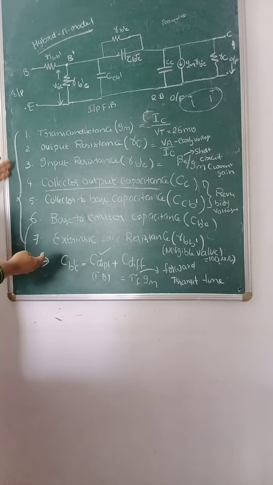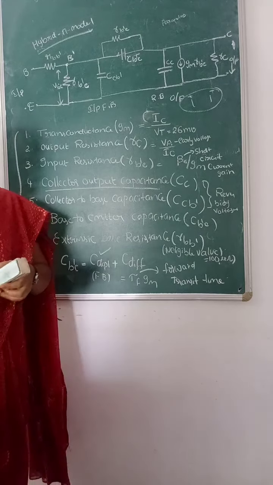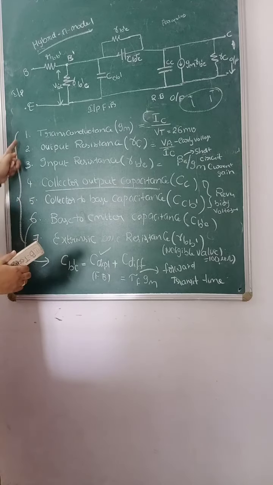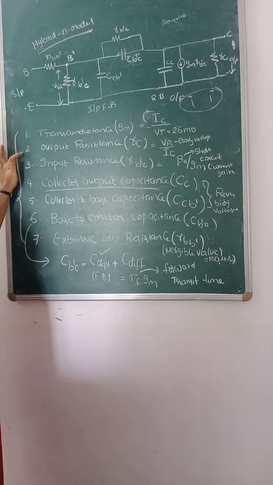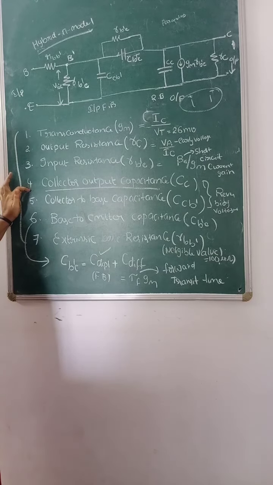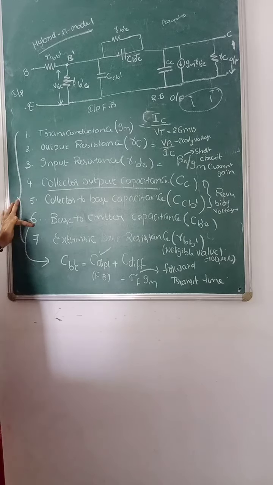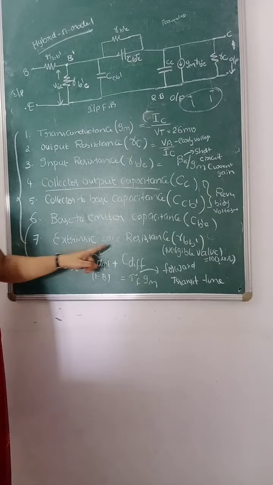Using these 7 parameters, hybrid parameters are designed. So these are the 7 parameters: transconductance, output resistance, input resistance, collector output capacitance, collector to base capacitance, base to emitter capacitance, and extrinsic base resistance.